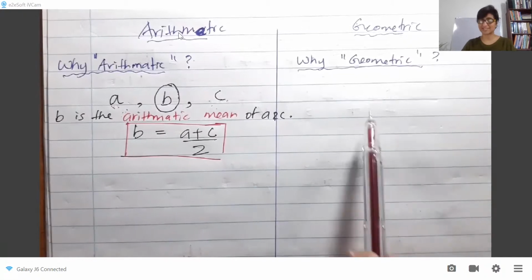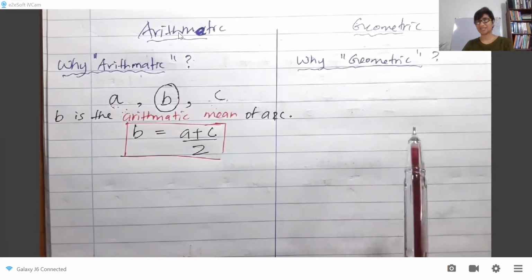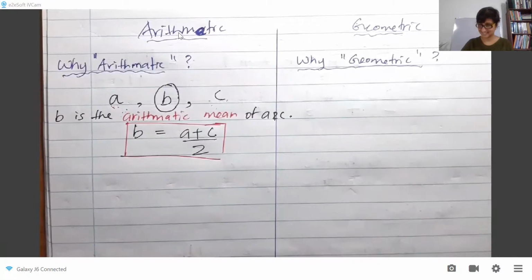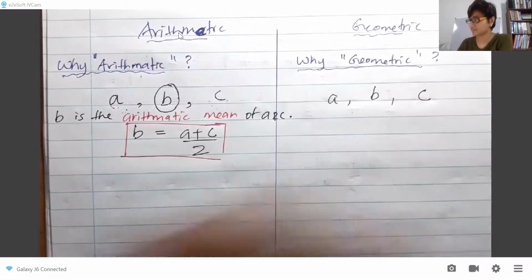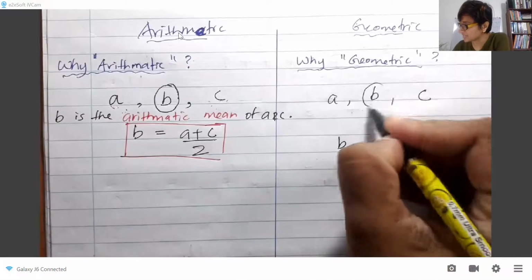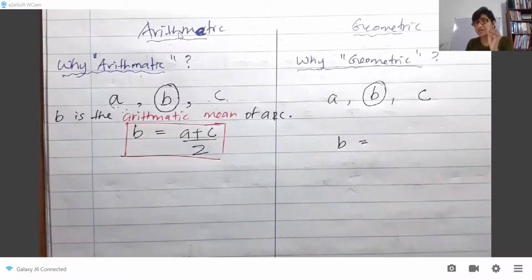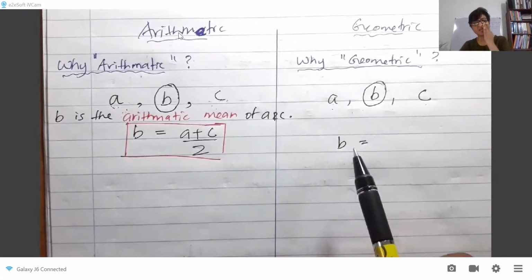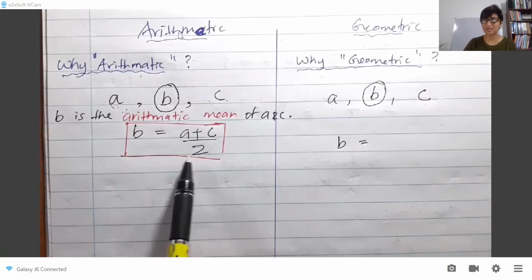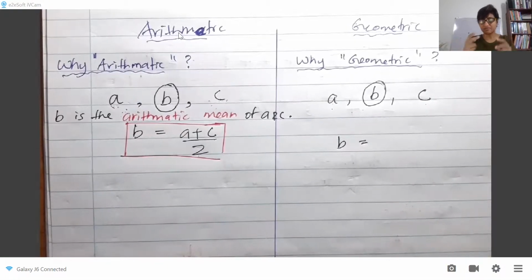Then a similar relationship is there here. If you take any three consecutive terms, can you guess? It's called the geometric mean. I don't know whether you have heard of that before. The middle term is the geometric mean of these two terms. The arithmetic mean is where you add the numbers: if you add 2 numbers, you add them and divide by 2. If you add 3 numbers, you divide by 3.